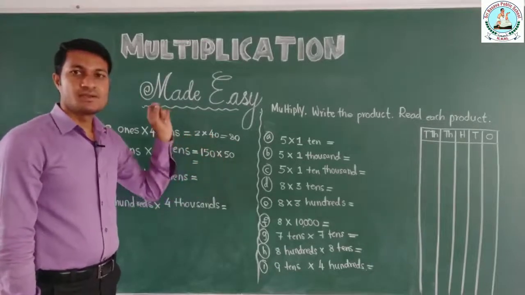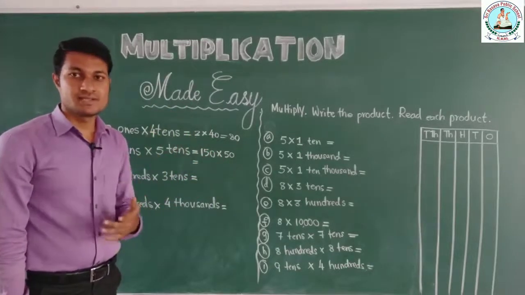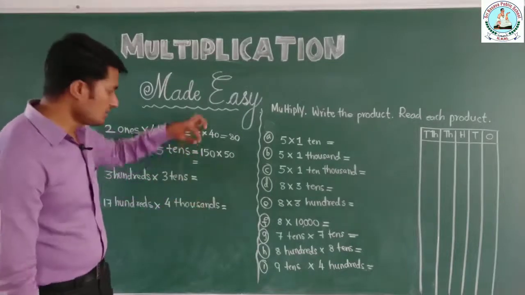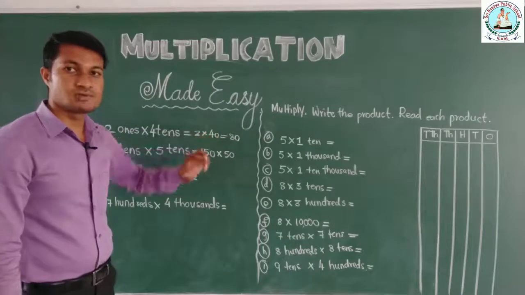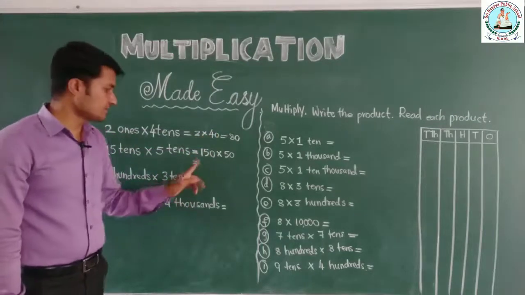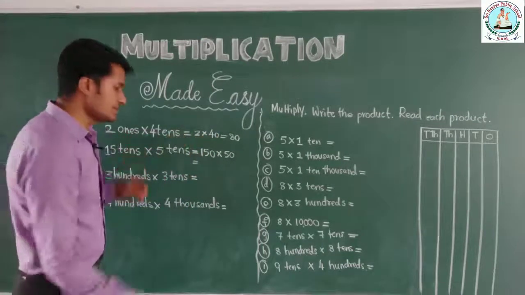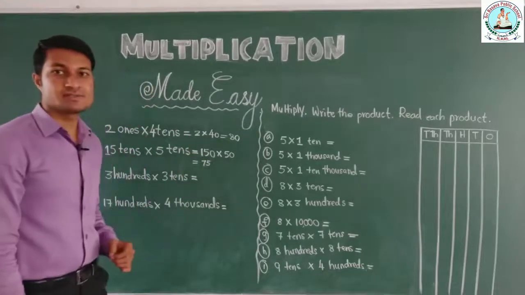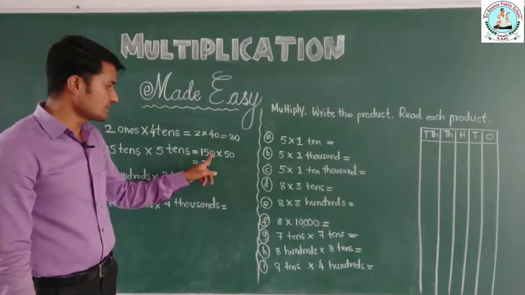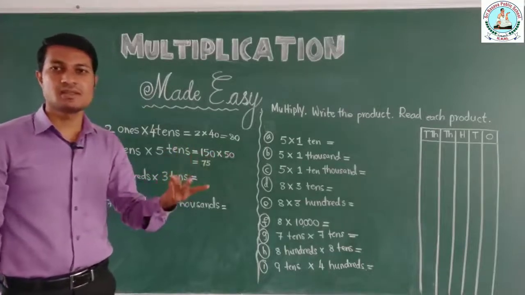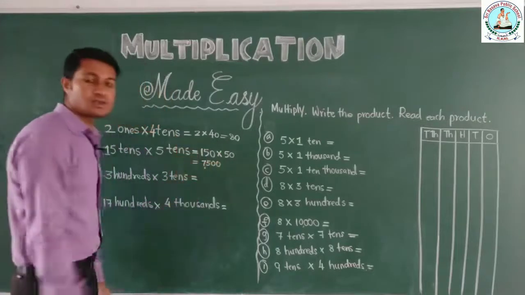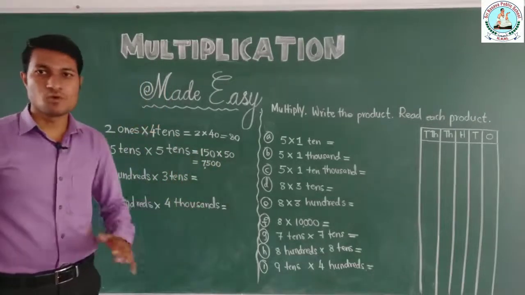As I said, use the multiplication made easy method, which tells you to multiply the non-zero numbers. Which are the non-zero numbers here? 15 and 5. So multiply them first. 15 times 5 is 75. And write as many zeros as are in the factors. Here 1 zero and here also 1 zero, so totally there are 2 zeros. Write those 2 zeros in your product, then your product will be over.